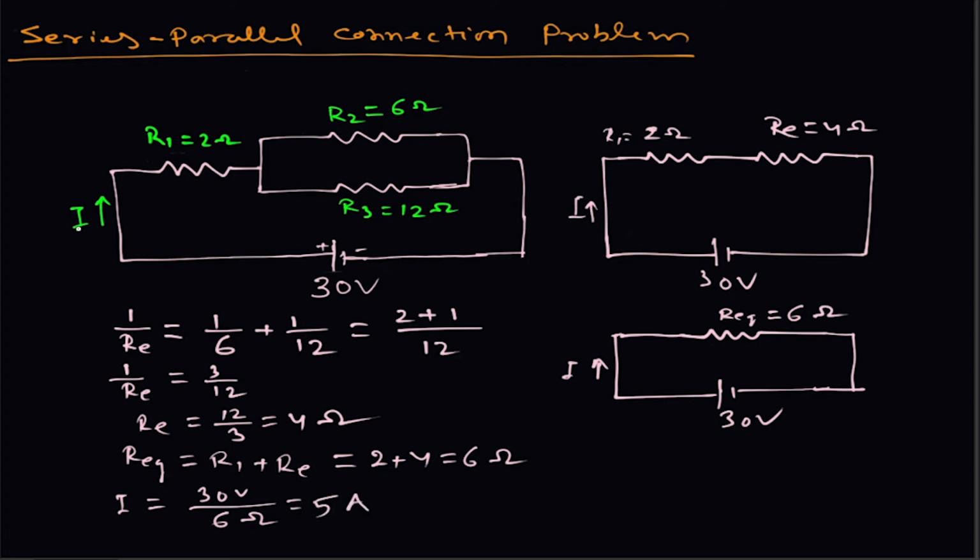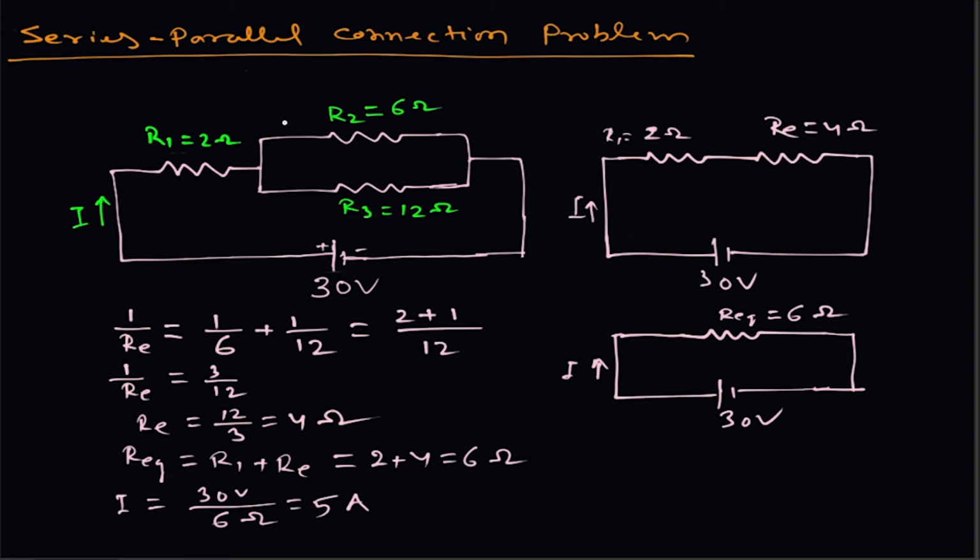Now this 5 ampere current will flow through this resistance, and at this point it will divide between these two branches. Some current will flow through this and some will flow through this.